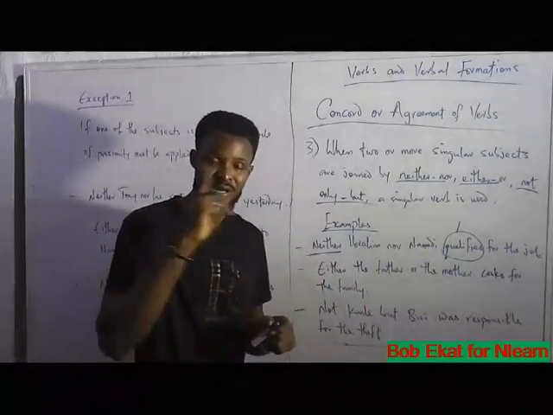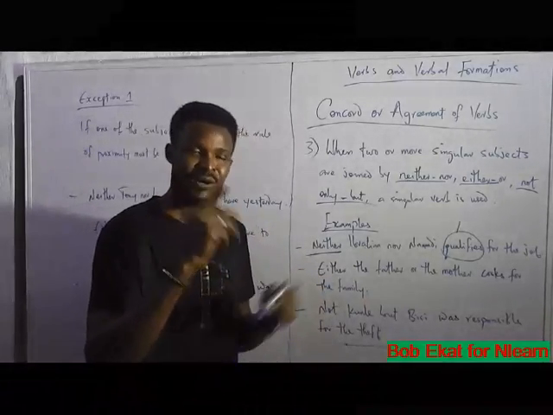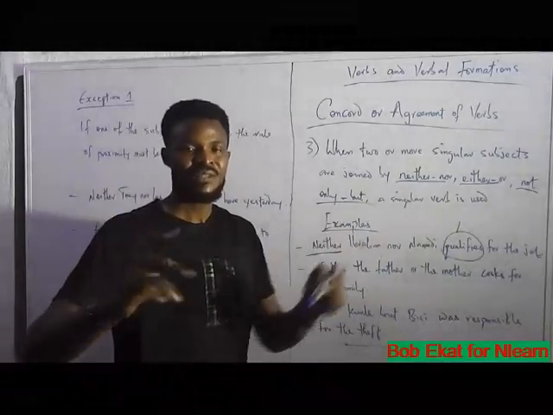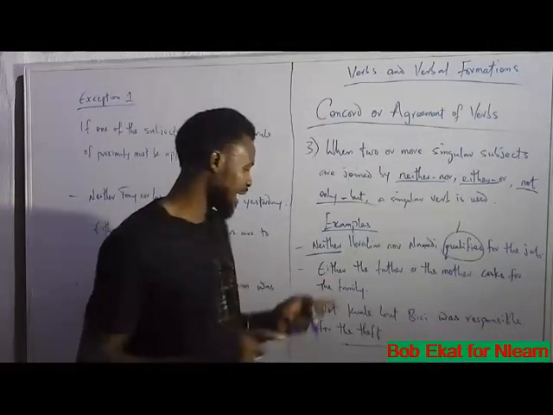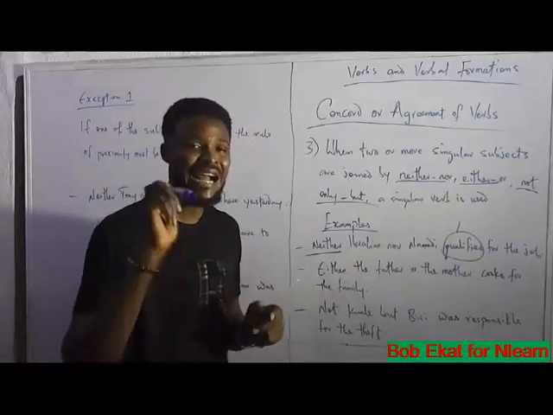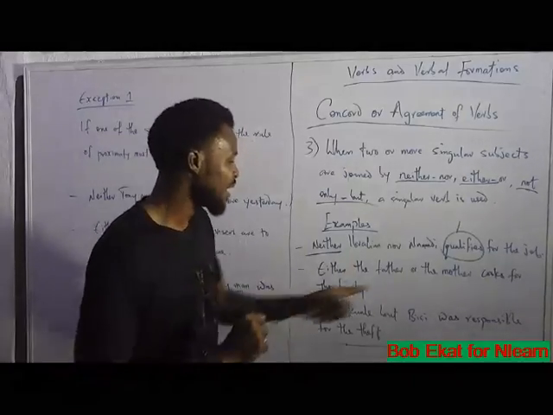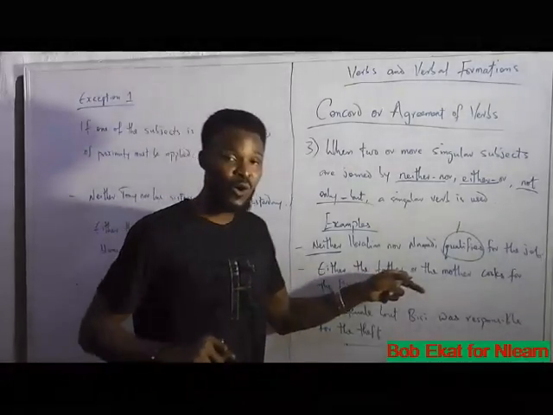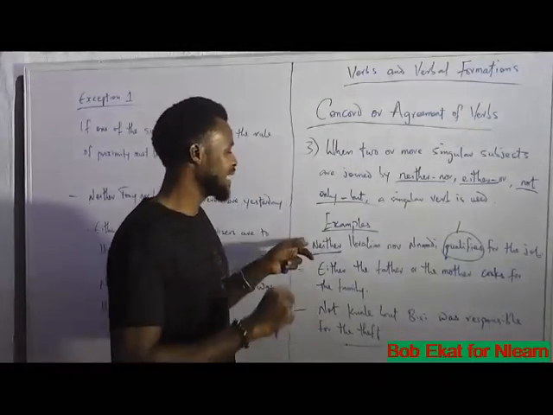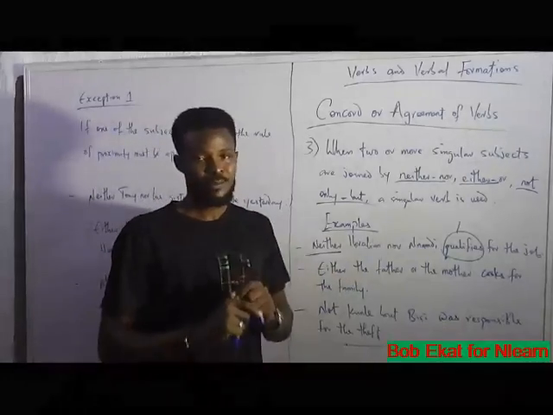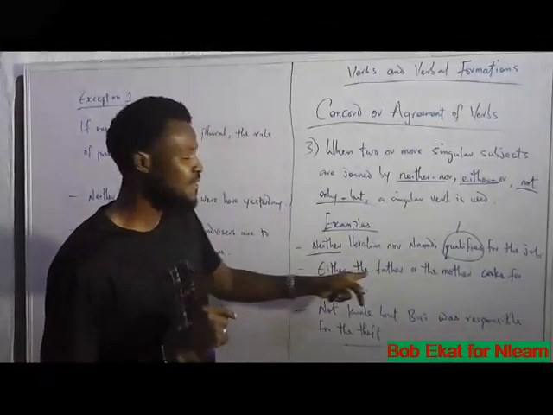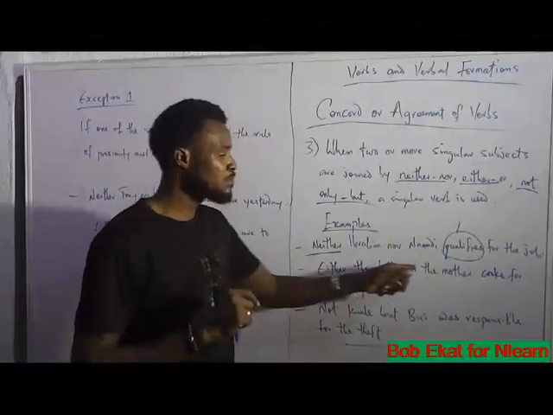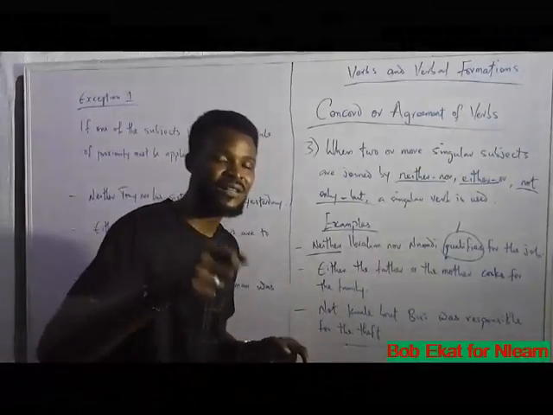Secondly, either means one of the two. Either means one person. Of the two entities that you have, only one is what either refers to. And either is always followed by or. So whenever you hear either, you must see or. And when you hear neither, you must see no. So, either the father or the mother cooks for the family.